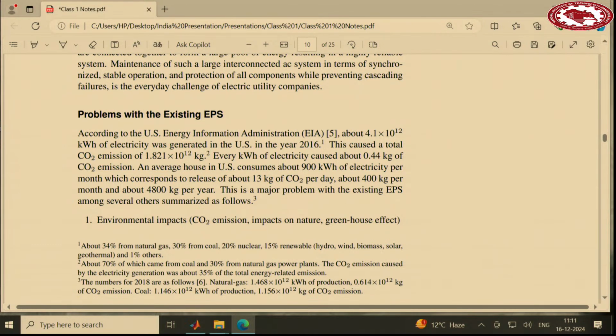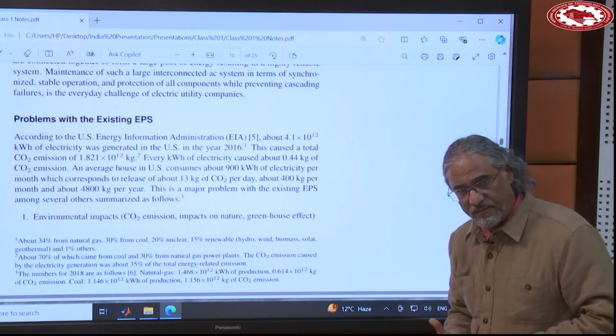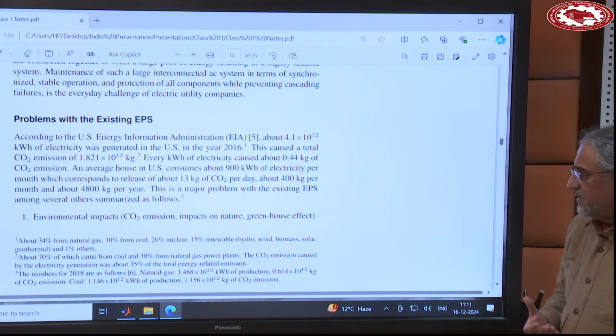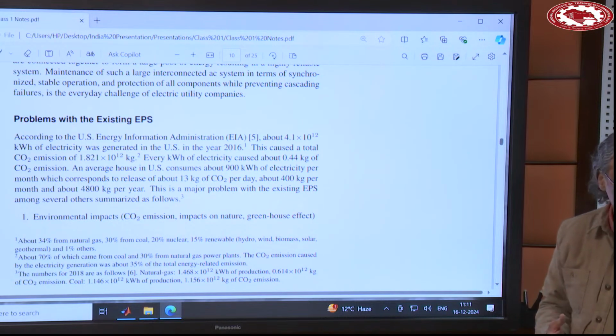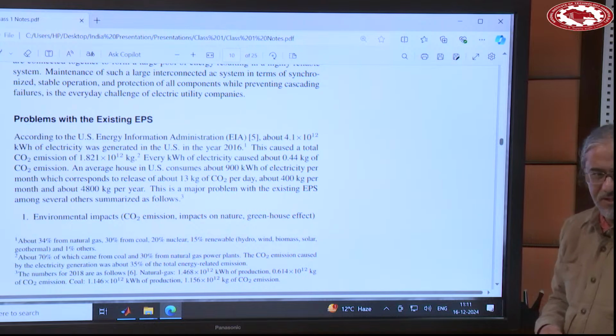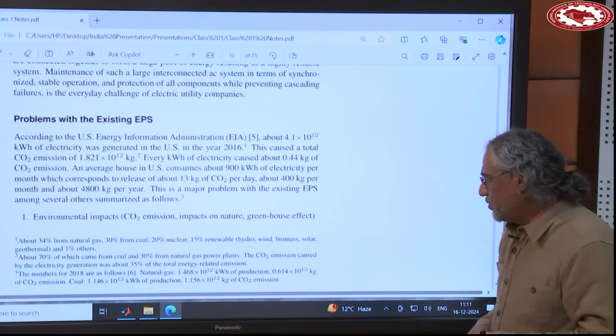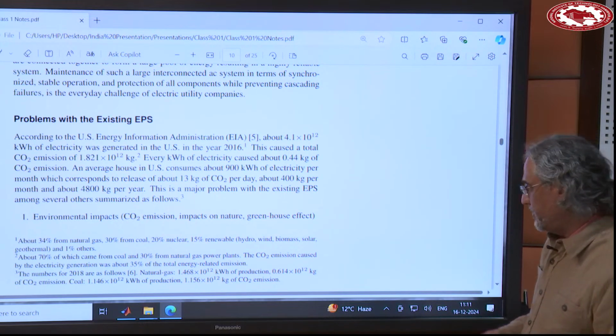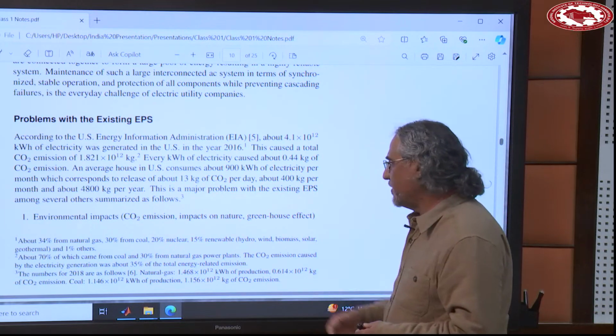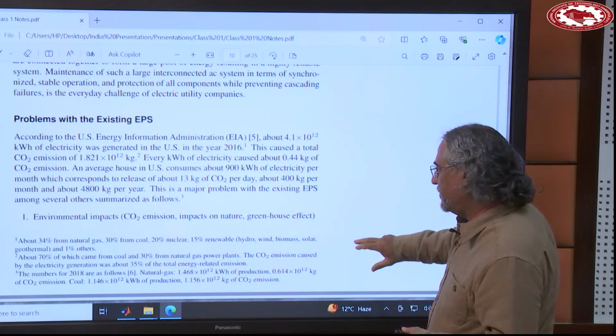So this is a huge problem that we have, and that's basically what everybody is concerned about in terms of pollution, or the price that we are paying to have a cheap, reliable power grid. It's a magnificent achievement, I would say, that we are using every day, but it looks like we are paying a very high price for that without paying adequate attention to it. CO2 emission, impacts on nature, the greenhouse effect, these are the aspects that we have here.